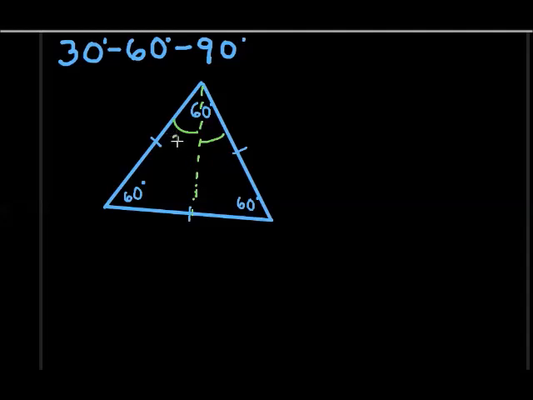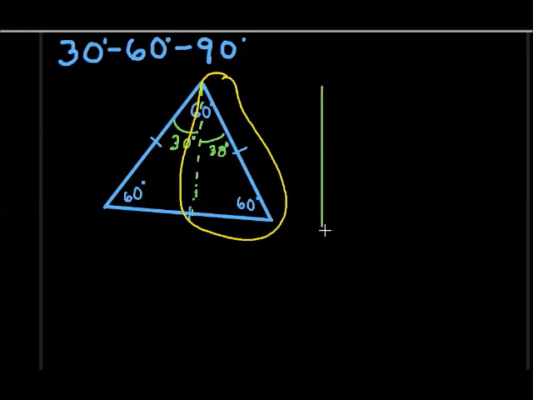And what that means is this triangle now has two 30-degree angles. And I want to work with one of those. So I'm going to circle this triangle here, which is half of it, and I'm going to redraw it over here. And we'll talk about how this came to be.